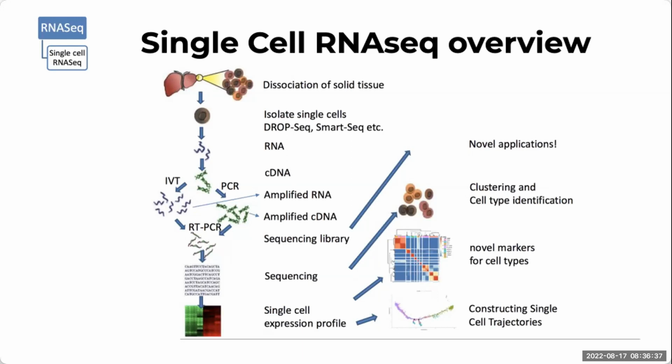We will predominantly use downstream analysis like Seurat analysis to identify novel markers for different cell types. We can also subject the output of this single cell RNA-seq pipeline to construct cell trajectories using differentiation analysis from the Monocle tool, and likewise other tools.